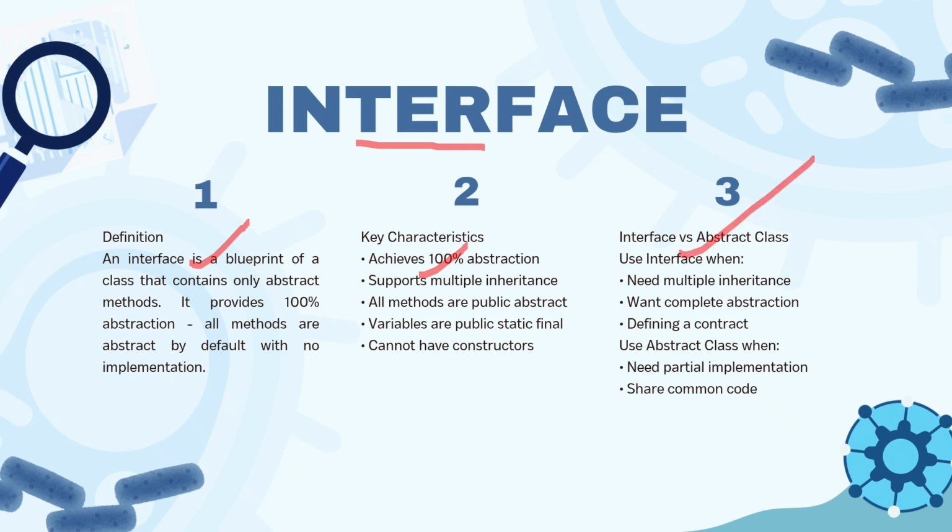Now let us understand the difference between interface and abstract class. We use an abstract class when we need partial abstraction, meaning some methods are implemented and some are left incomplete. Abstract classes are also useful when we want to share common code among multiple child classes. On the other hand, we use an interface when we need complete abstraction and when we want to achieve multiple inheritance in Java.